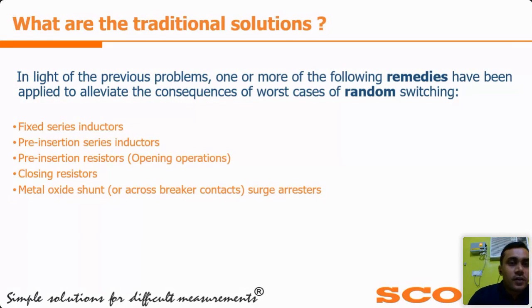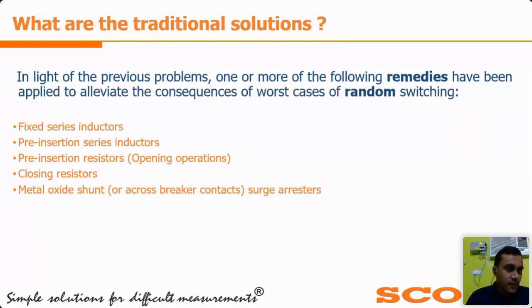Now the question is, before CSD, what were the traditional solutions? We have mentioned the traditional solutions here. In light of previous problems, one or more of the following remedies have been applied to alleviate the consequences of the worst case of random switching.